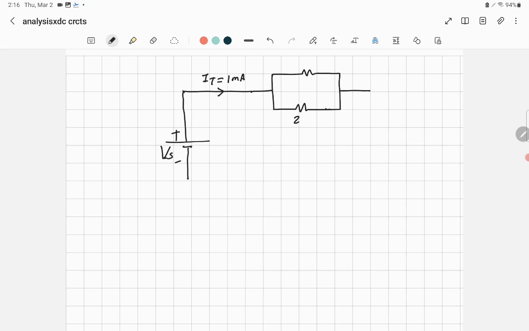One is equal to 2.2 kilo ohm and the other is equal to 1 kilo ohm. Then we have another two resistors connected in parallel.